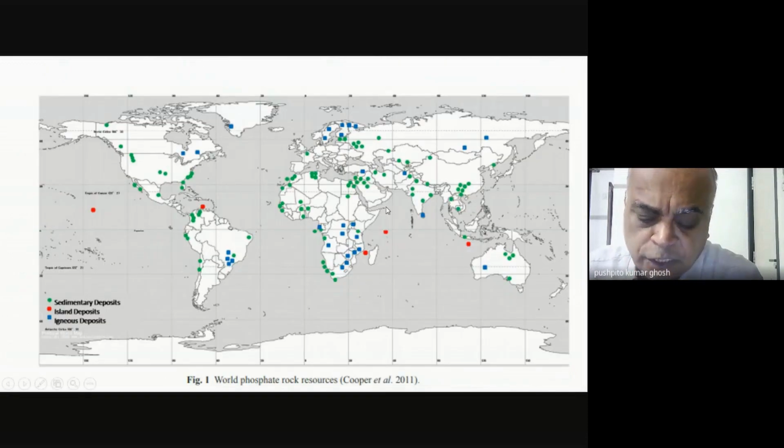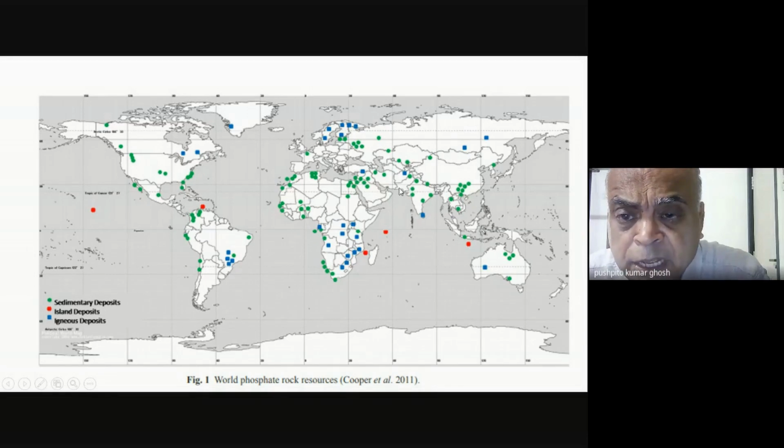Just to show you the distribution of this, the green ones are all the sedimentary deposits. But then in some places, you do find igneous deposits, for example South Africa. We, for example, had phosphate rock.